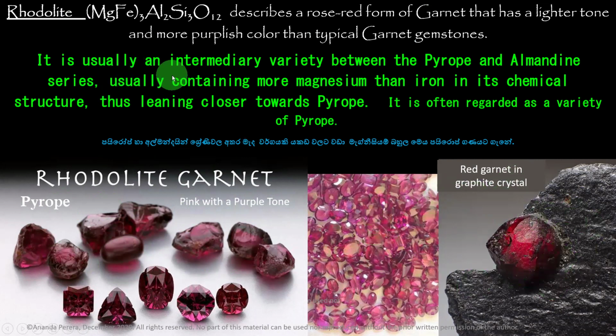Rhodolite is usually an intermediary variety between the pyrope and almandine series. It usually contains more magnesium than iron in its chemical structure, thus leaning closer towards pyrope. It is often regarded as a variety of pyrope. So these are called pyrope and rhodolite.